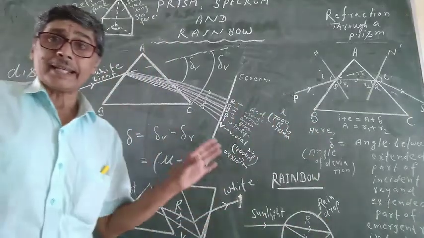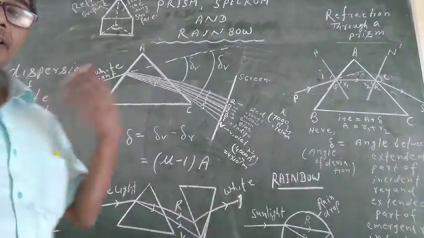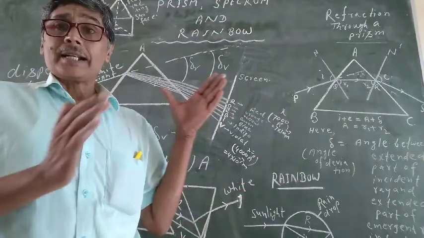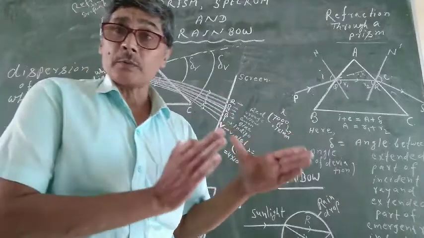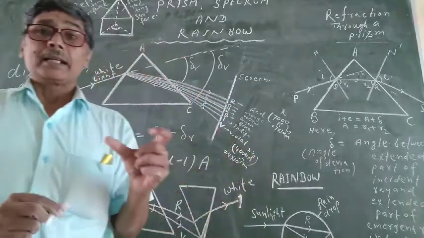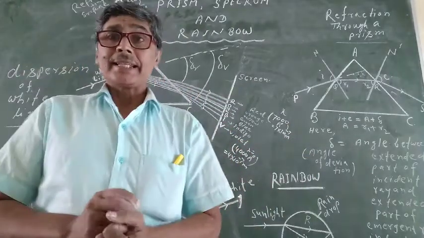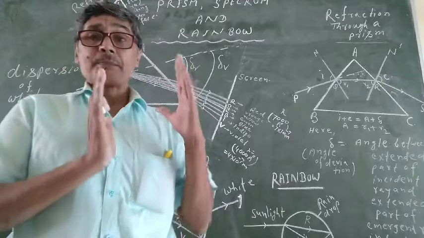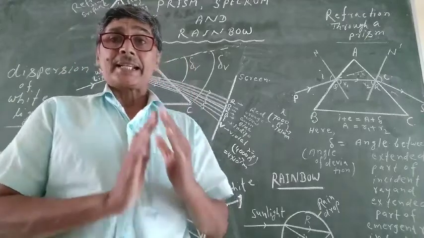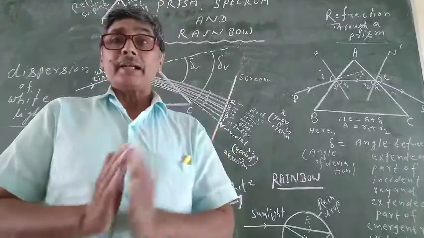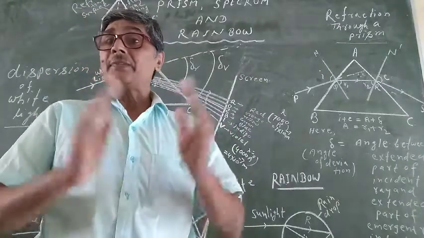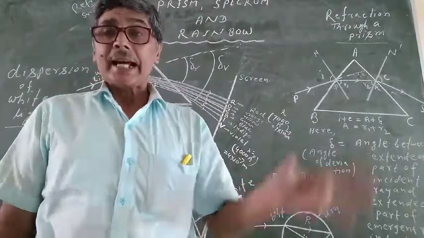The phenomenon of splitting of white light into 7 constituent colors by a prism is known as the dispersion of light, and the cause of dispersion is that different colors have different refractive indices in a medium, due to which they deviate at different angles.